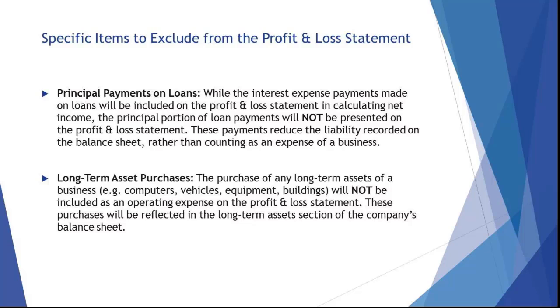These payments are going to only go to reduce the liability on your balance sheet rather than counting as an expense of your company. The other thing you'll want to exclude are any long-term asset purchases, such as the purchase of computers, vehicles, land, equipment. These will not be operating expenses. Those types of purchases are going to be reflected as long-term assets on your company's balance sheet.